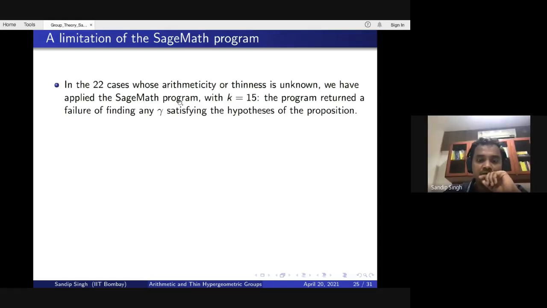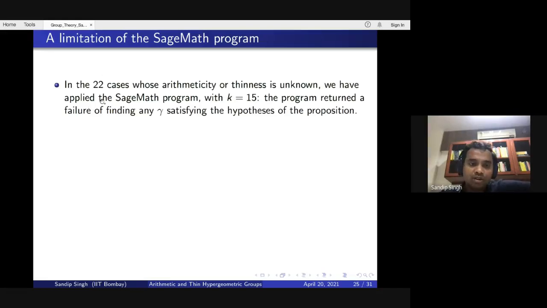In the 22 cases whose arithmeticity or thinness is unknown, we applied the SageMath program with k equal to 15, where k is the length of that word gamma in A and B. Even for k equal to 15, if you have a normal computer and just run the program, it will keep checking if there is such a gamma, but in some of those examples it took around 2 days. So that limitation is there; we cannot just wait for it.